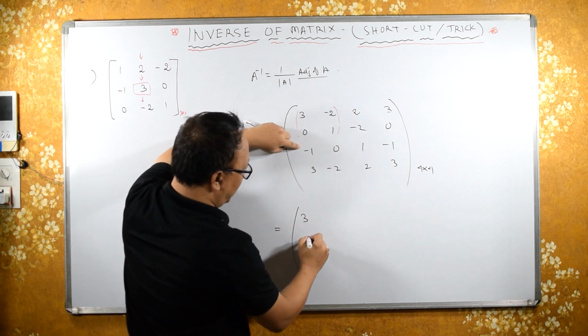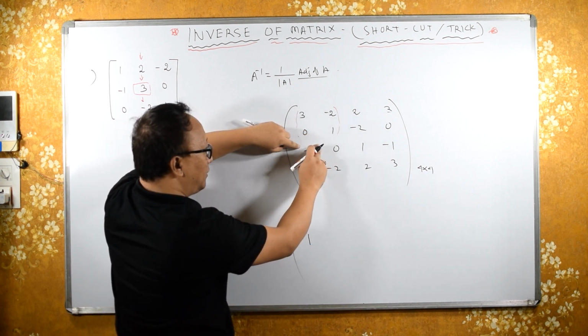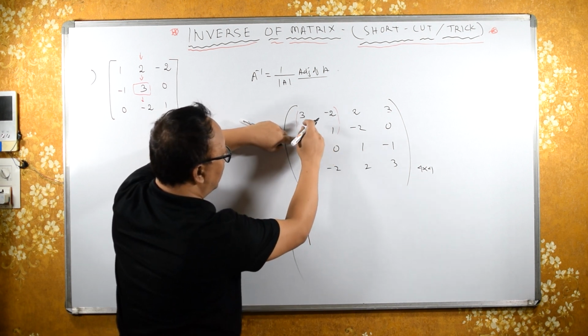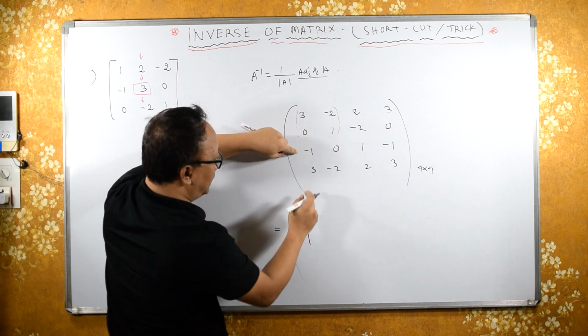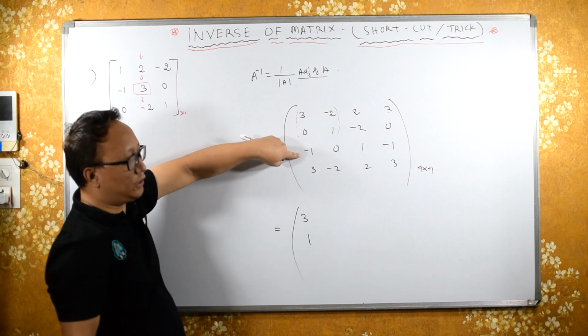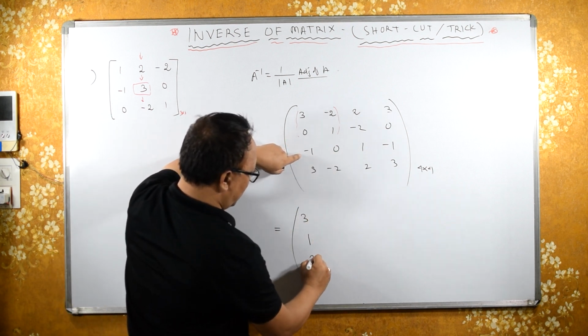Here we have 1. Here 0 into 0, and then minus 1 into 1 is 1. This matrix we have solved. Now minus 1 into -2 is what? We have 2 minus 0 is 2.